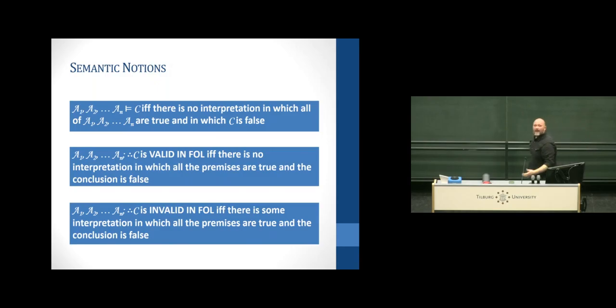In fact, what I'm going to do is give you arguments, and I'm going to ask you to show me that they are invalid. To do that, what you need to do is construct an interpretation that makes the premises true and the conclusion false. Funnily enough, I will never ask you to show me that an argument is valid using FOL.